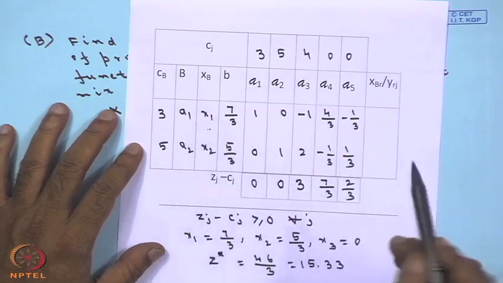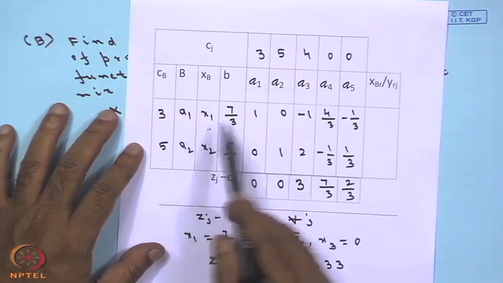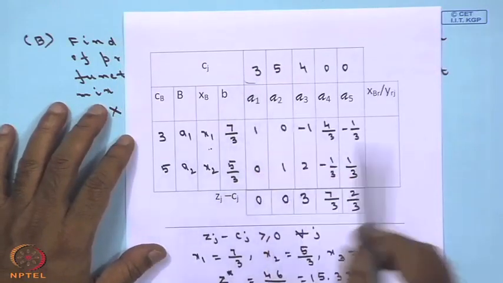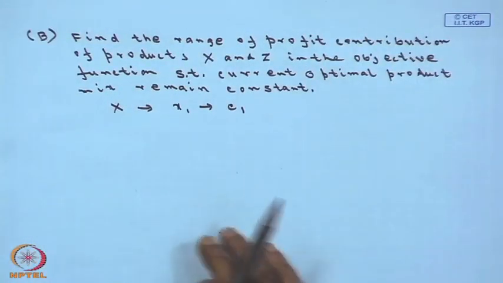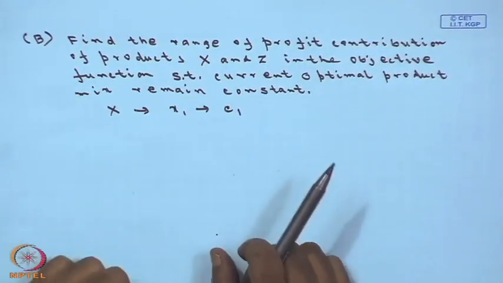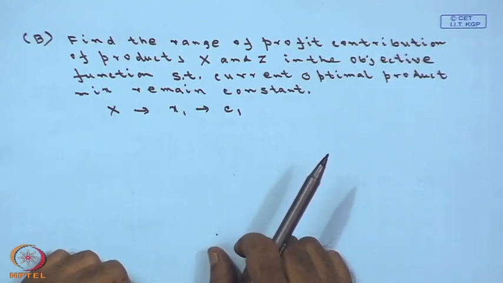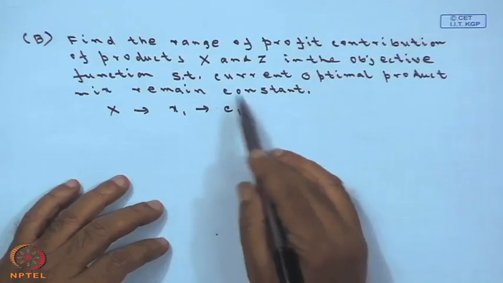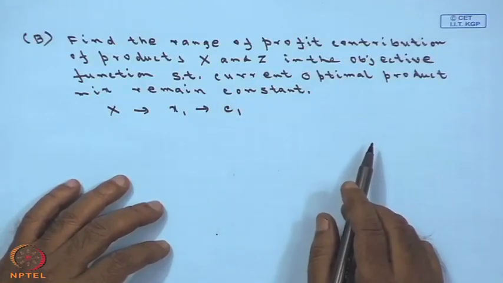So, since it is present in the basis, if you change the value of C 1, it will affect. So, if you decrement the value of C 1, then your optimum profit product mix will be affected, whereas if you increase C 1, then beyond a level what will happen? Beyond a level, the decision maker will be tempted to produce more number of product X only. So, basically we want to now find out for what range of C 1 your optimum production remains the same.